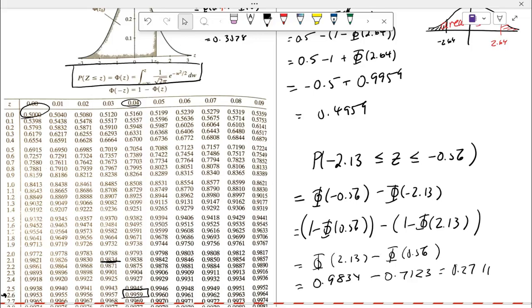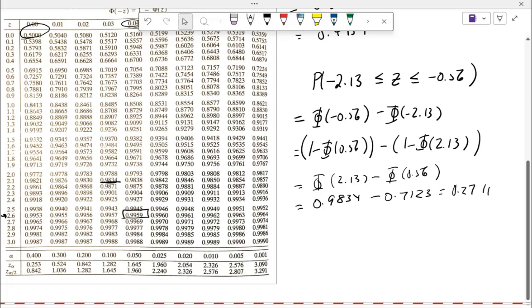Doesn't really matter which one. Let's look at part D because I just want to do one with an absolute value. All right, so the probability that the absolute value of Z is greater than 1.39.